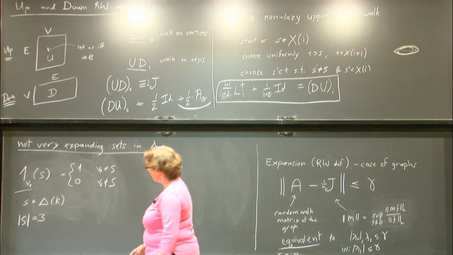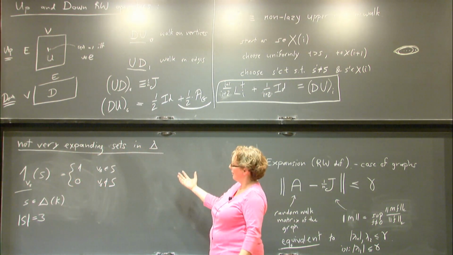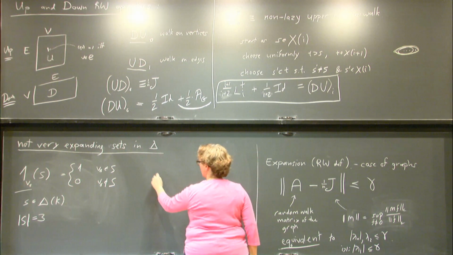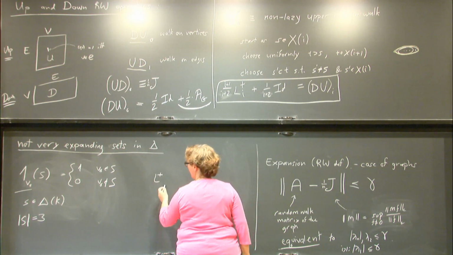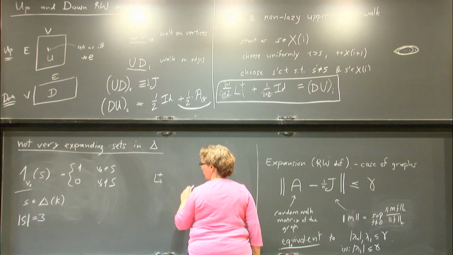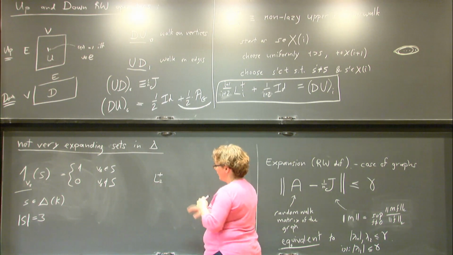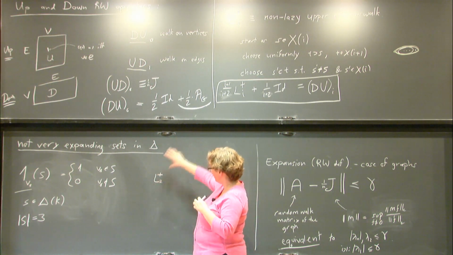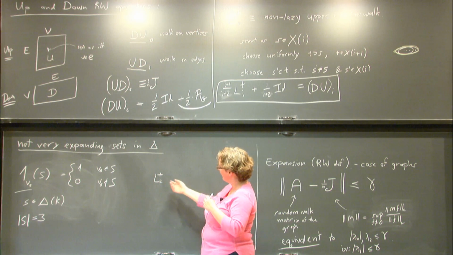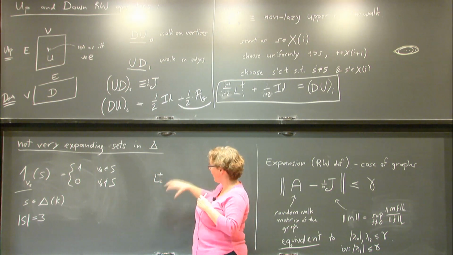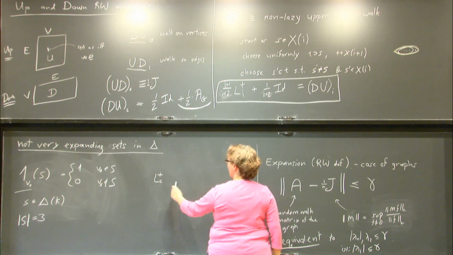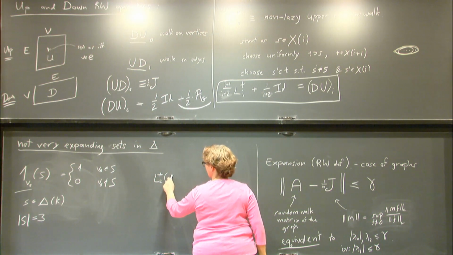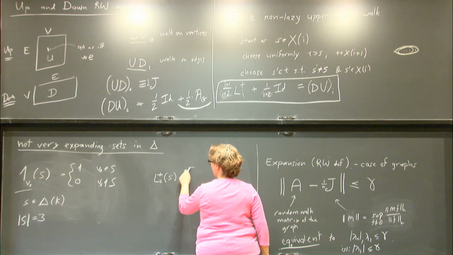Now I want to understand what L plus does at level 2. So you're moving from a set of size 3 to another set of size 3. In the complete complex, it doesn't matter how you're moving. It's all the same. Of S, what does it look like?